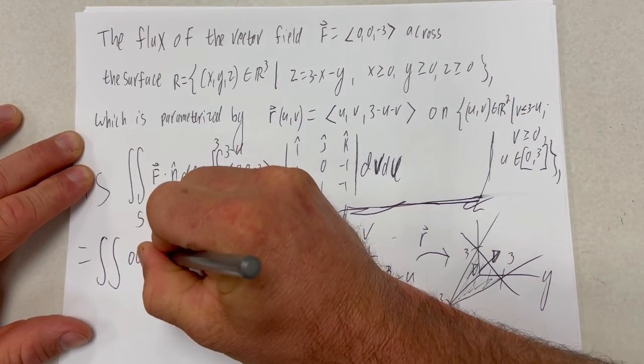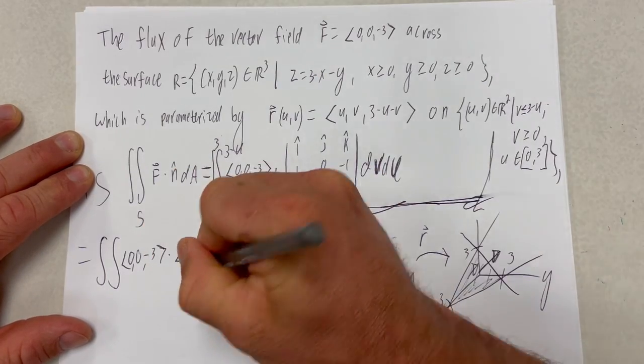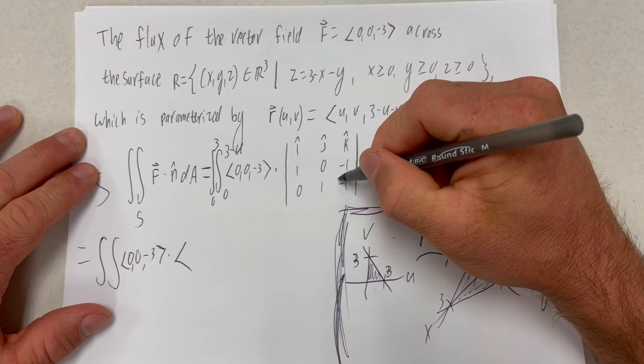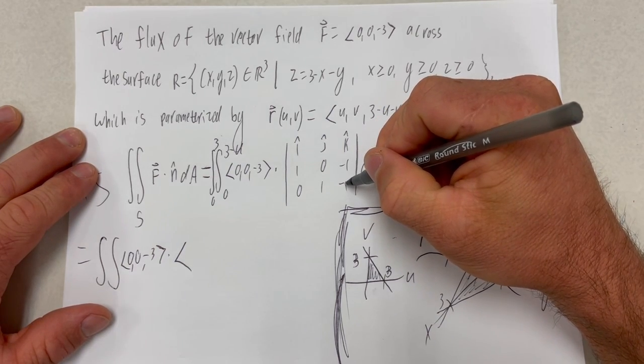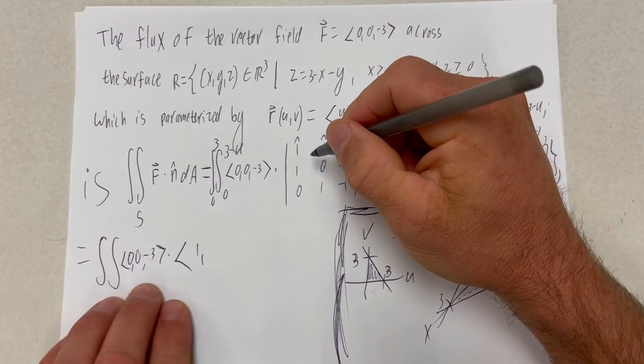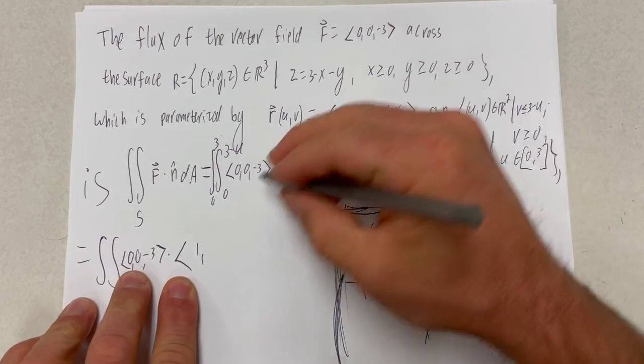0, 0, negative 3 dotted with, let's calculate this cross product. The first component is 0 times negative 1 minus 1 times negative 1. Who cares though, because it's going to be multiplied by 0 in the dot product. Also, the next component I do not care.